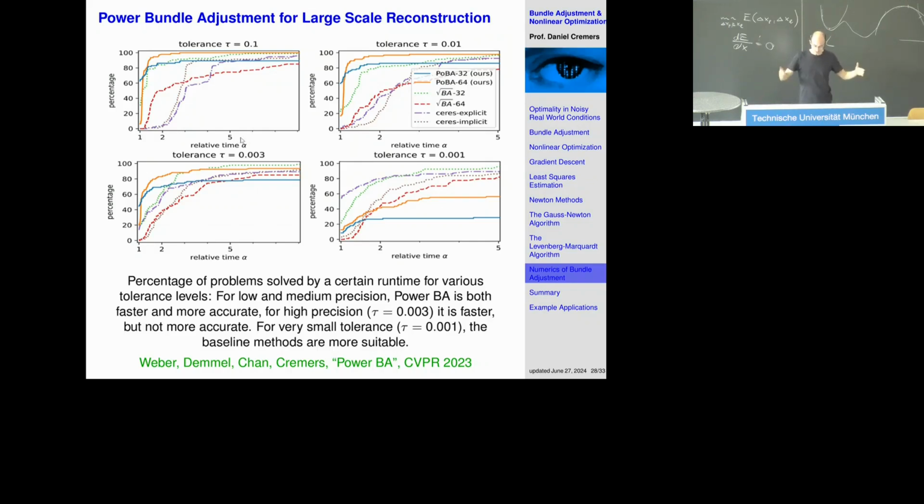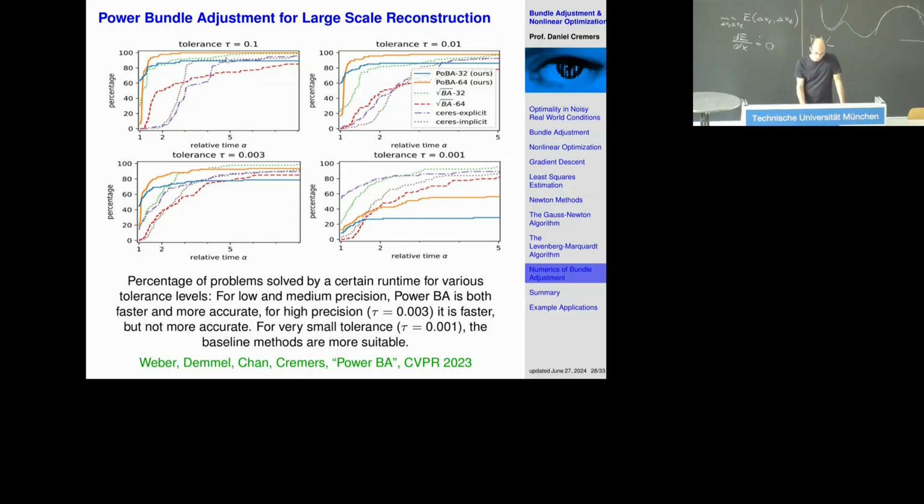That is then considered the unit of time. Then we normalize everything to that same time unit, which gives us what we call a relative time here. And here's the number of problems that we are able to solve in this relative time. Again, in these plots, you want to be in the top left corner, meaning you want to solve as many problems as possible from these 100 problems in as short a time as possible.